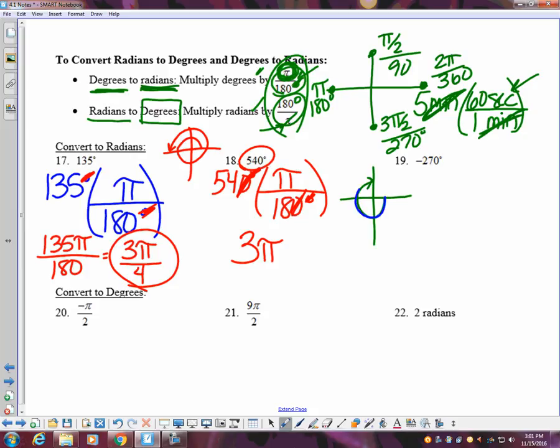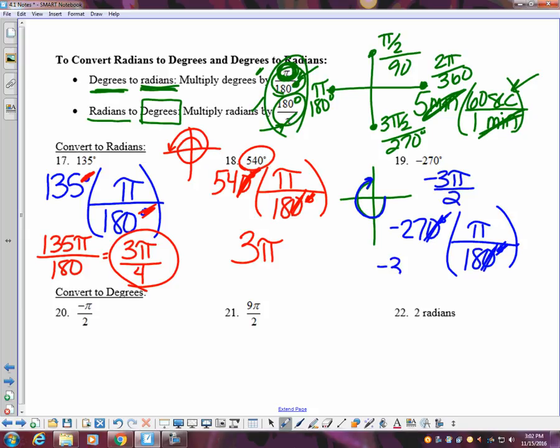Well, 3/4 of a lap is 1.5 pi's, and it's negative. Now, if you don't catch that yet, degrees on the bottom, pi's on top. Degrees cancel. Don't lose your negative. You can also cross out a 0. Negative 27 pi over 18 reduces to negative 3 pi over 2.